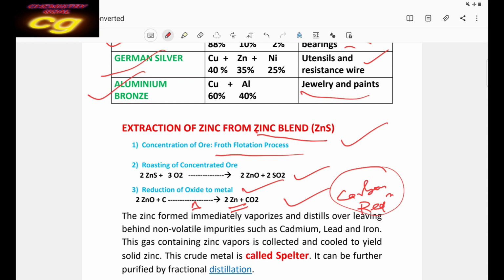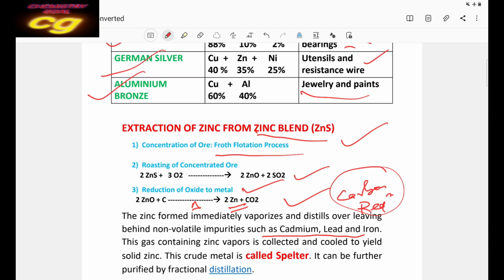As zinc has a low boiling point, it can be purified by the distillation method. During distillation, impurities like cadmium, lead, and iron can be removed, so that zinc, as it has a low boiling point, can be separated fast. So by the distillation method, zinc can be purified.